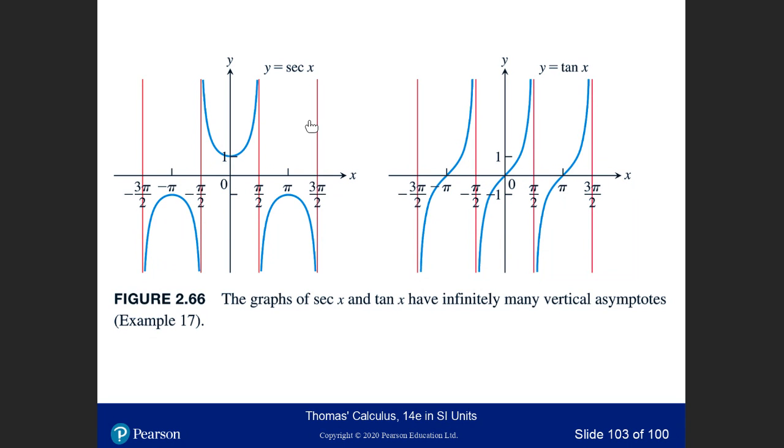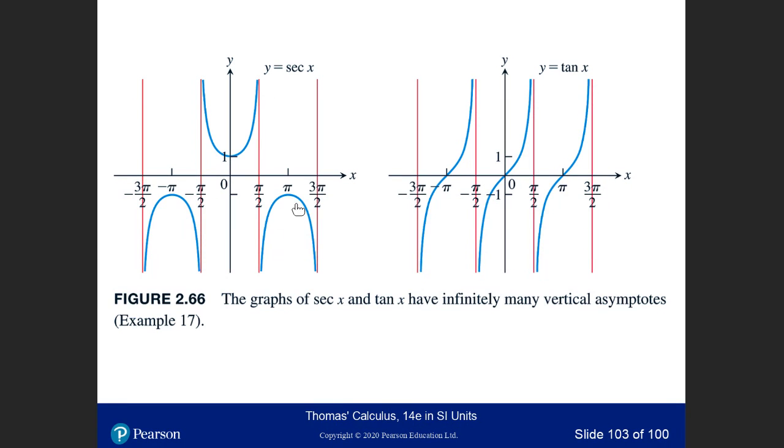Now, secant x is positive if x is between minus pi over 2 and plus pi over 2, and as x goes to plus pi over 2 and minus pi over 2, secant x goes to infinity because it's 1 over cosine of x, and cosine of pi over 2 and minus pi over 2 are 0.